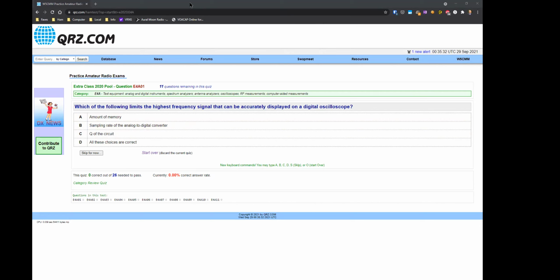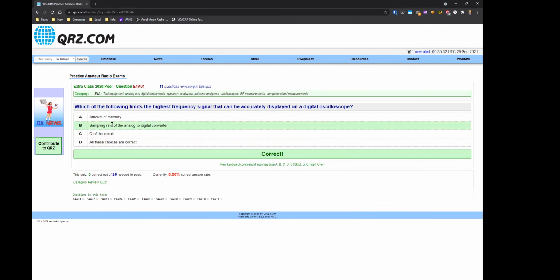It'll go up to 60 megahertz. Picked this up as a Christmas present a couple of years ago. So, sampling rate.